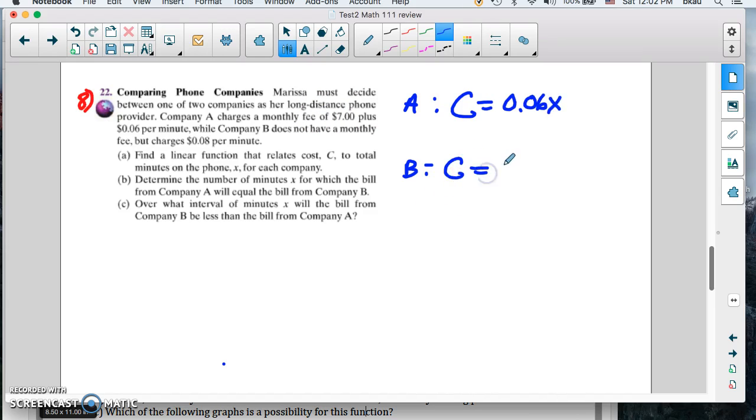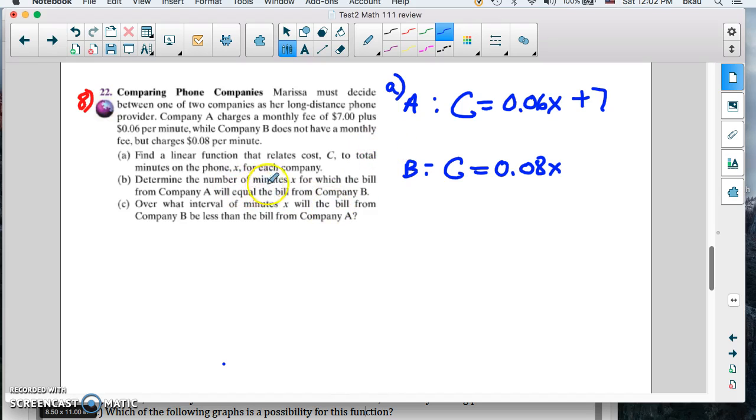And in B you're charging 0.08 per minute. And then if there's a monthly fee, we need to add that on there. A has a monthly fee of $7, so you'd add 7 to that. B does not have a monthly fee, so we could add 0, but we don't need to add anything. These are our two functions for cost for part A.